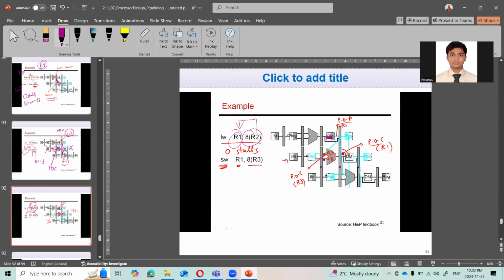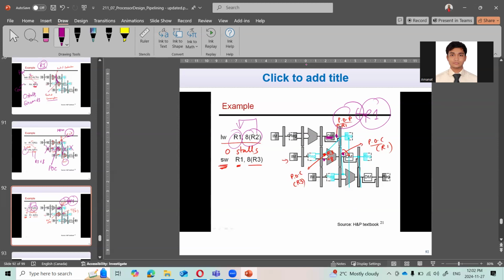So this is our point of production. We know the value of R1 here. We haven't put it into R1 yet, but in order to be as efficient as we can be, we know what the future value of R1 is, right here.